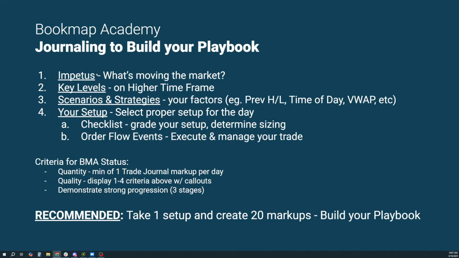Well, what is it? Is it a technical level? Is it a fundamental level? Is it both? Look at our key levels on higher time frames. We want to be aware of those. Then we want to start to set up our scenarios and strategies for the day, what we're looking for at specific times of the day, highs and lows, etc.